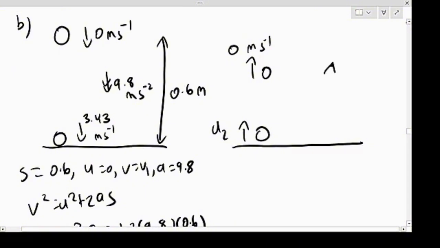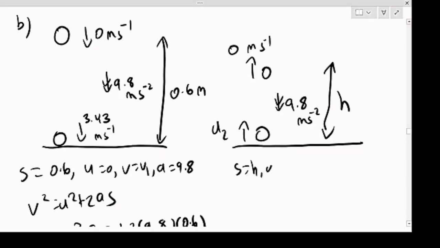And so the height is what it wants me to work out. H here, it wants me to work out the height. Again, the acceleration downwards is 9.8. So S is H here, U is going to be U2, V is going to be 0, and A is going to be, again, negative 9.8 because it's downwards, because now we're going up.